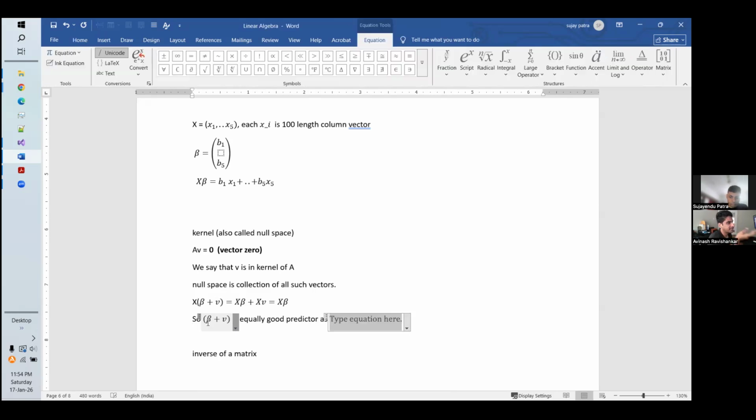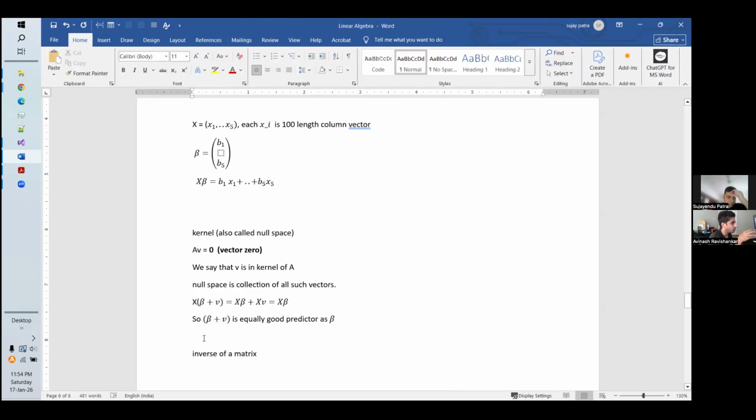I thought you were going to say the opposite: whatever you get with beta plus V, you can just do with beta. Why would you want the combination of beta plus V? The question is you can also do beta plus 2v, 3v, 4v, and so on. You can do any multiplier, so you get a lot of choices.